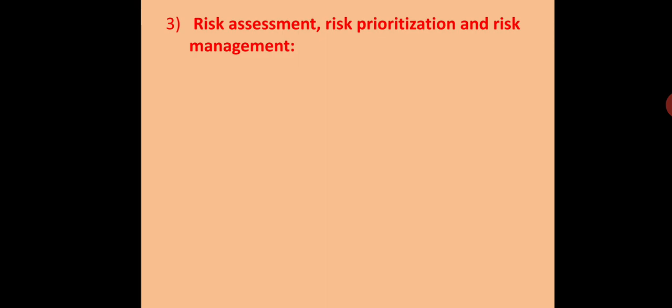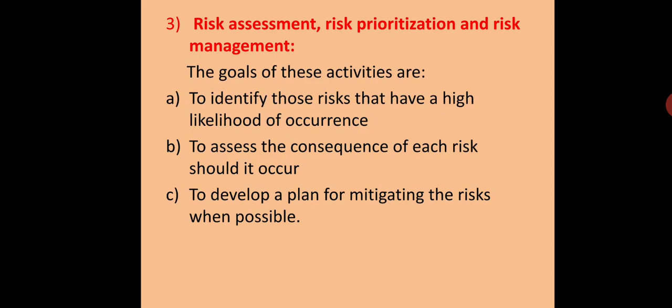The third activity is risk assessment, risk prioritization and risk management. Now, the goals of this activity are, first, to identify the risks that have a high likelihood of occurrence.